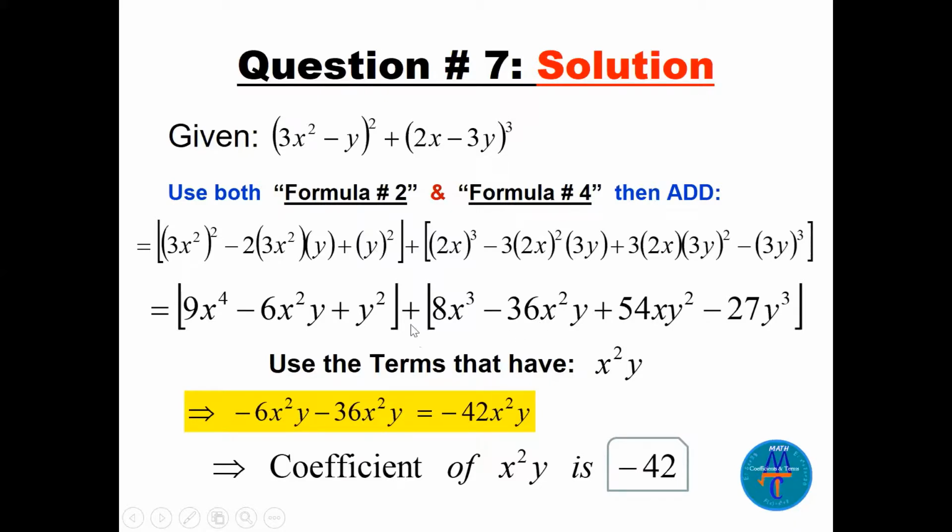See, there's a plus between. If there is a minus, then you multiply with this minus, you get plus here. In the first question, we have a plus. So we take this and this: minus 6 minus 36 is minus 42. The coefficient of x squared y is minus 42.